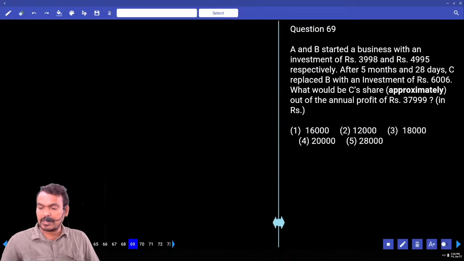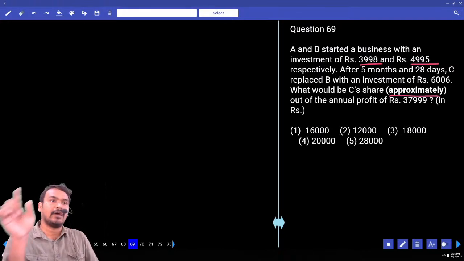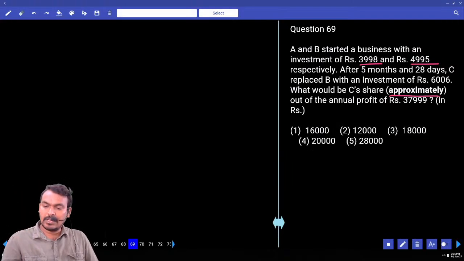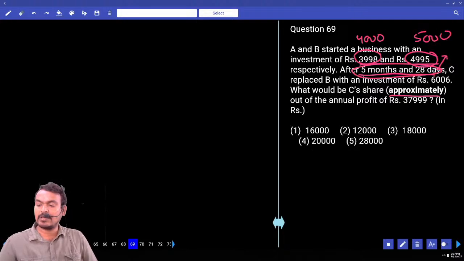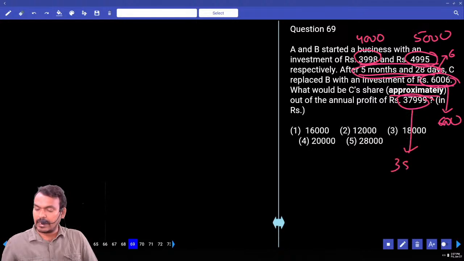And here approximate is given or not? Just all the values are taken as nearby values of zeros. 3,998, it is considered how much? 4,000. 4,995, 5,000. Next, after 5 months 28 days, it is considered 6 months or not? Okay. Next, 6,006, it is considered 6,000. And 37,999, it is considered 38,000.